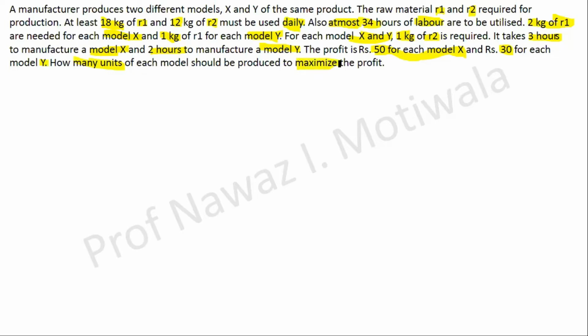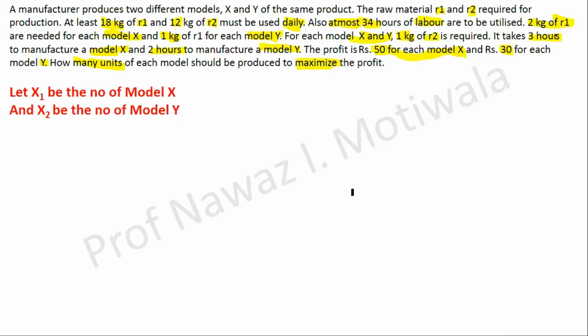So we need to find out how many models of X and how many models of Y should be produced such that the profit will be maximum. So my first statement will be let X1 be the number of model X and let X2 be the number of model Y. Now, as I said, this kind of problems becomes very simple to solve when we make it in the tabular format.